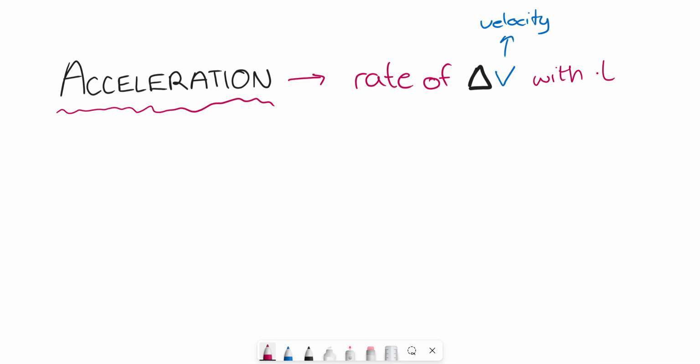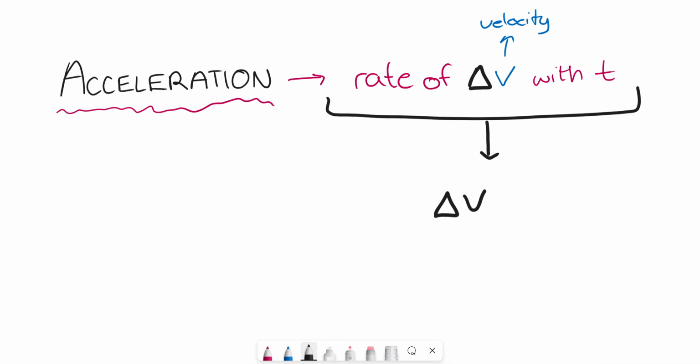So to write that out, I'll use symbols from before, delta for change, and v for velocity. Rate of change of velocity with respect to time. Okay. Now again, translating this word statement into a formula will give us delta v over t.